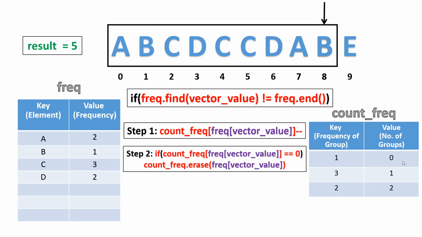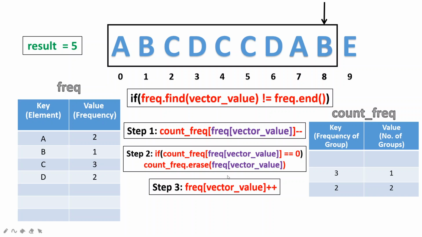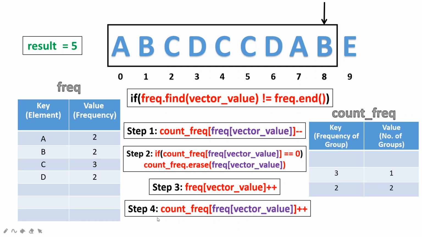So doing that, the element is erased. Step 3 is incrementing the value, that is B corresponds to 1, we'll increment that, so this becomes 2. And step 4 is basically incrementing the value over here in this hash map. So B points to 2, 2 points to 2, increment this, so 3.